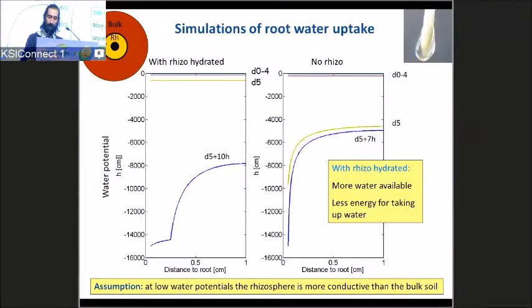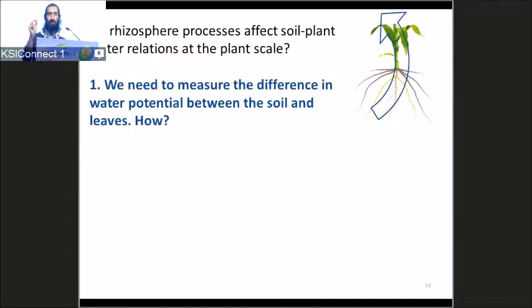And the question is, is it really true that these rhizosphere processes that happen around a single root really play a role at the plant scale? Do gradients in water potential 1 millimeter around the roots matter for the plant?